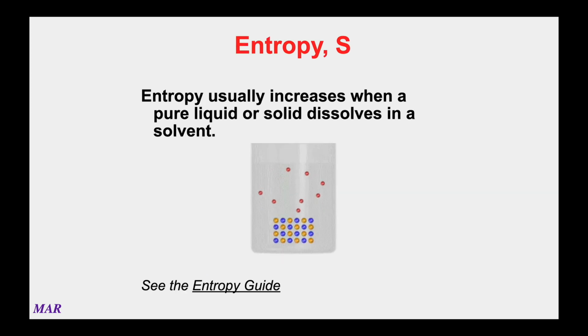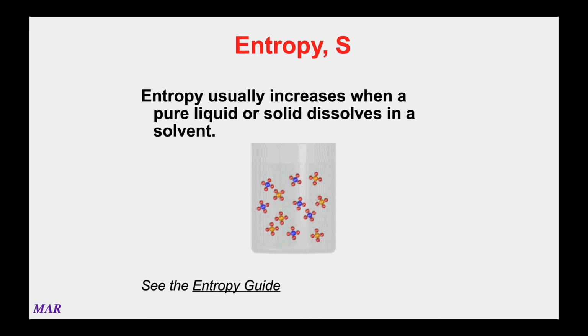When potassium permanganate dissolves, its crystal lattice is broken apart, leading to an increase in disorder, and therefore an increase in entropy. Usually, and notice my emphasis on usually, when you put a solid in a solvent to make a solution, the entropy increases.